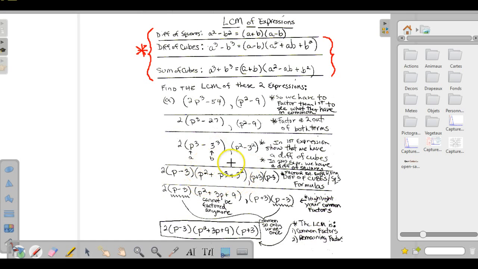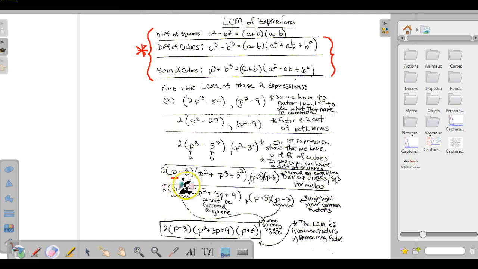If you took this whole trinomial and multiplied it by p minus 3, you would get back up to here. You can do that just to check and convince yourself that that's true. You'd have to take the p and multiply it by each term of the trinomial, and then take the negative 3 and multiply it by each term of the trinomial, and then add all your like terms, and things should cancel, and you should end up with this.